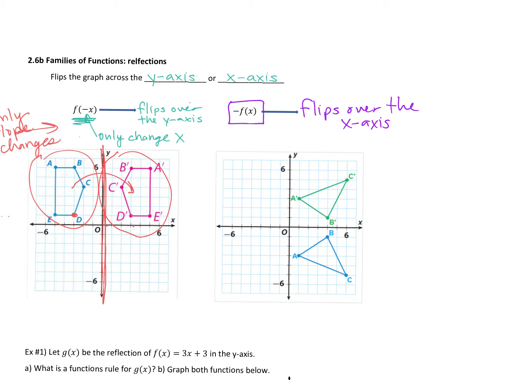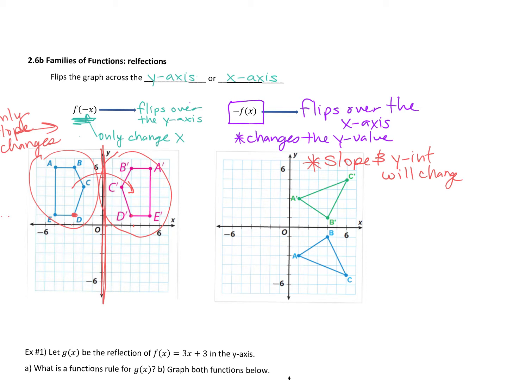In this one, the whole function is changed, not just the x value of it. So this one is going to change the y value of our function. So in this situation, your slope and your y-intercept will change.